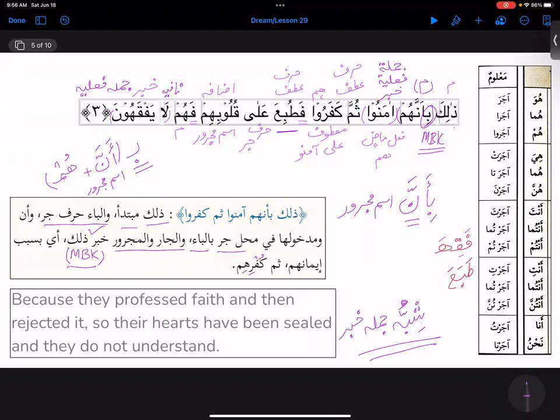This is the respect of Allah subhanahu wa ta'ala, that whenever something not good, I should say, is associated to Allah subhanahu wa ta'ala, then we will see in the Quran that the passive form is used. Even though we know that no one can put the seal on hearts except Allah subhanahu wa ta'ala, right? But as a respect, the doer is taken away. The name of Allah subhanahu wa ta'ala is not mentioned over here.